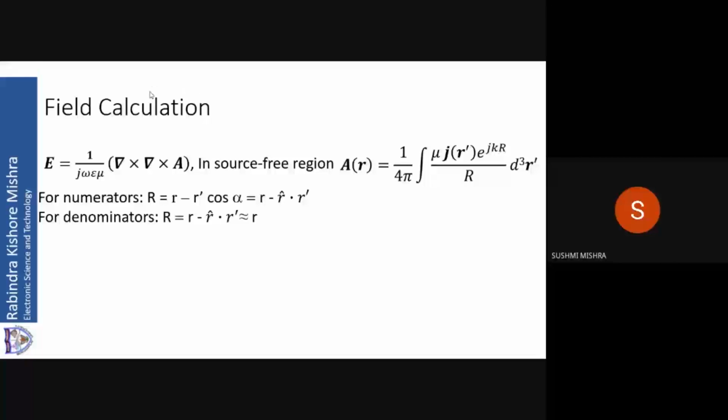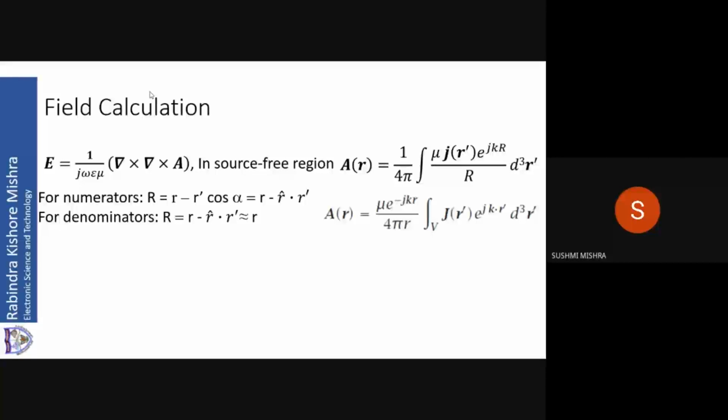But once we make these approximations for R in A(r), our A(r) becomes mu, which is a constant, that is why it is taken outside, e to the power minus jkr, because we are not integrating over r, we are integrating over r'. So e^(-jkr) is taken outside, divided by 4 pi r, because we are taking capital R as r and we are not integrating over r.